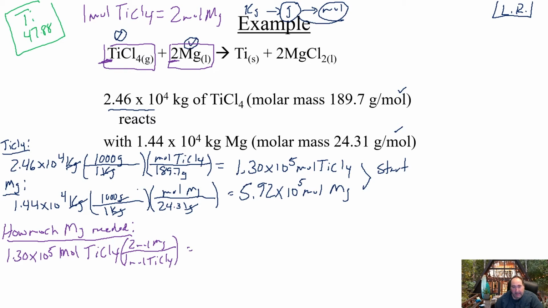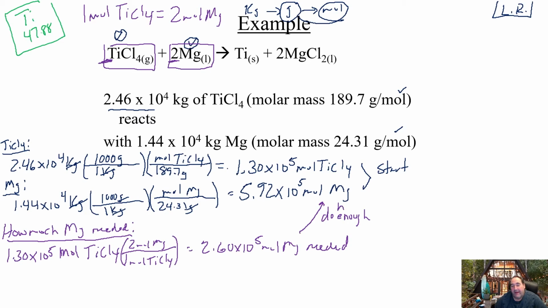Going to give me 2.60 times 10 to the 5th moles of magnesium needed. So once again, I'm going to compare the moles of magnesium needed to the moles of magnesium I'm starting with. And if I'm looking at the numbers correctly, we do have enough.